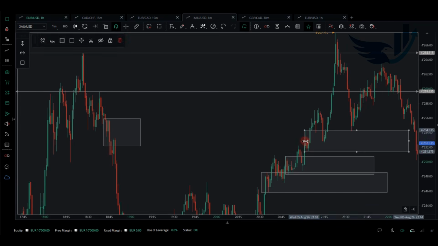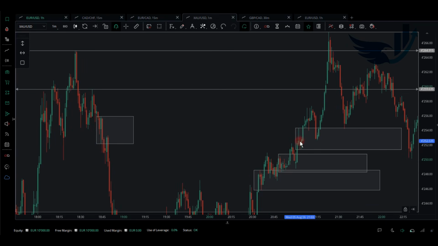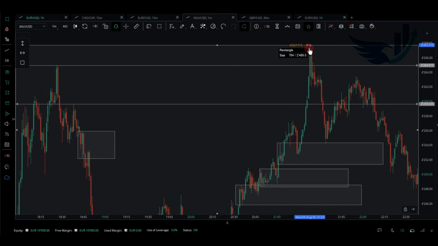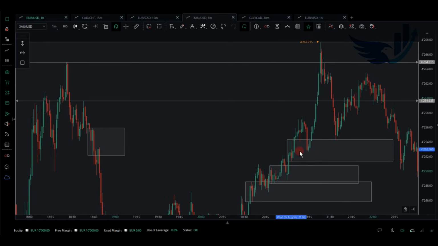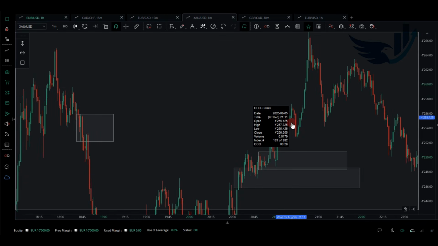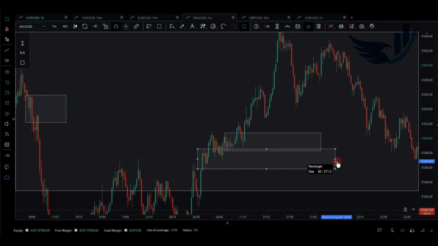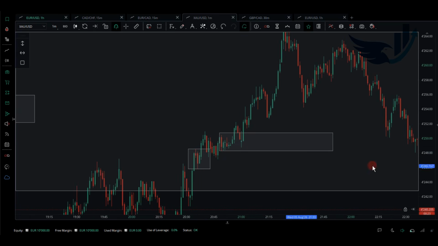So this one, the first box we drew, it helped the price to make a high here, the highest high inside the box. But it didn't help the price to break a high here. Right after that the price comes out of the box, it didn't break this point, neither this point. So the first box doesn't count as our holder king.